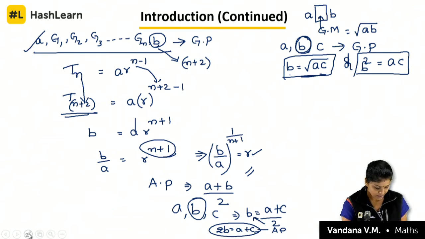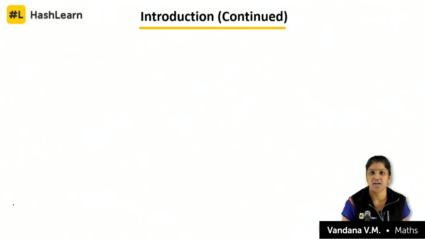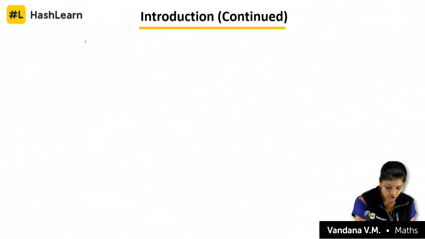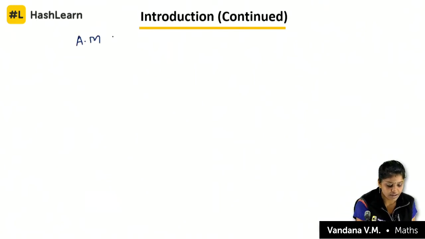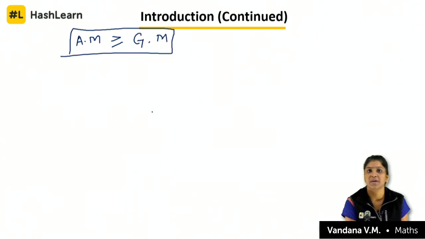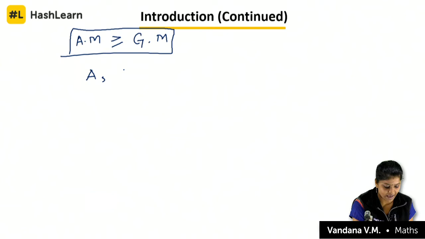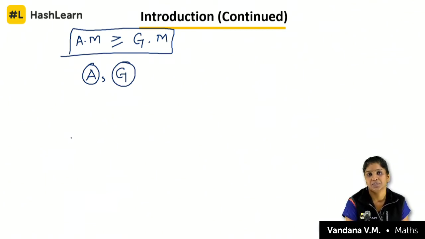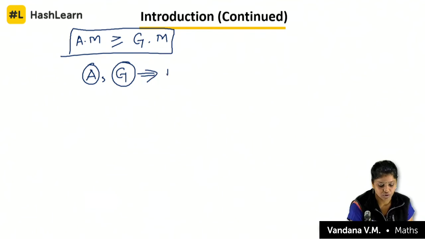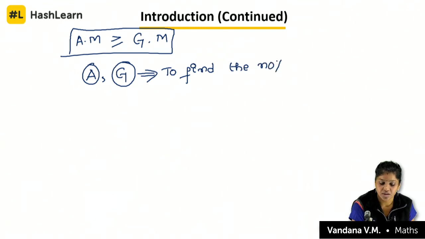Now let us learn the relationship between arithmetic mean and geometric mean. You have to understand that all the time, arithmetic mean is greater than or equal to geometric mean. And one more thing, if I give A and G, one the arithmetic mean and the other the geometric mean, how to find the numbers or the terms?